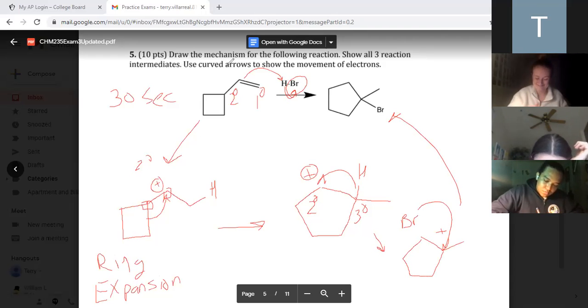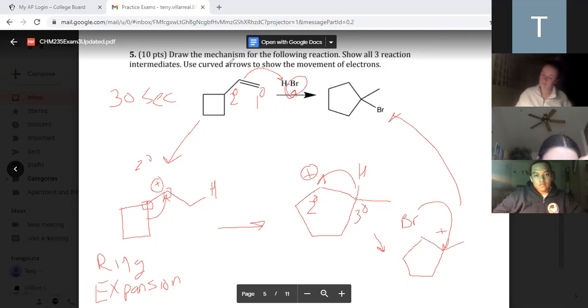Where did you go wrong? I just didn't really know how to approach it, I guess. I drew... I understand the second and the third intermediate. I just didn't know how to get to the first one. Okay. Does it make a little more sense now? Yeah. Any other questions?